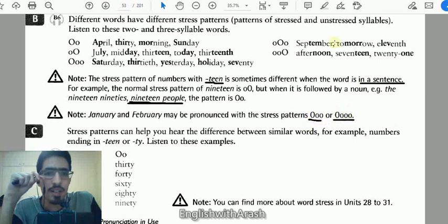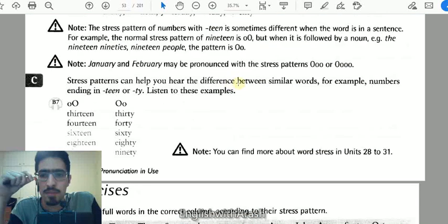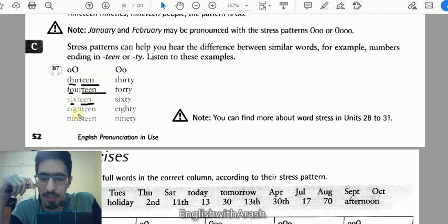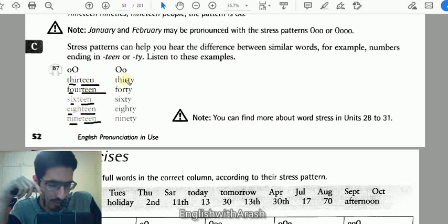The next part, it says stress patterns of these words that I told you. So look at this. 13. Stress goes here. 13, 14, 16, 18, 19, right? But here it's different, right?